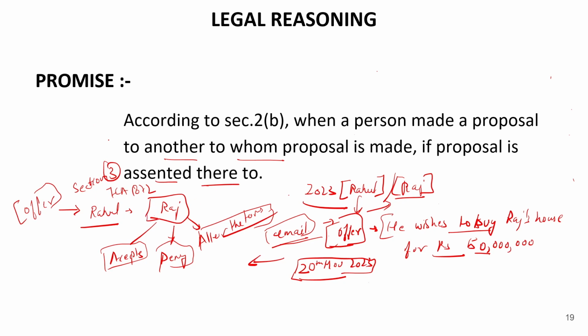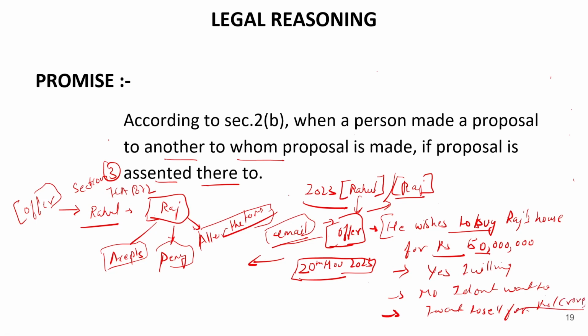If he wants to accept the offer given by Rahul, he can accept by saying, yes, I am willing to sell my house. Second, deny. He can say, no, I don't want to. And third, he can say that I want to sell for rupees 1 crore.